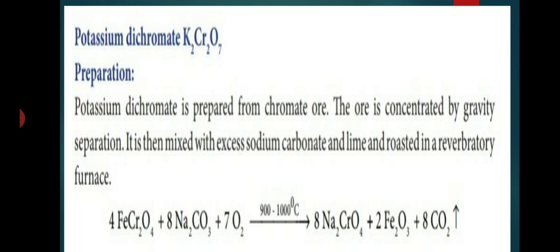For sulfide ore, we have to use the froth flotation method. Here chromite is an oxide ore, so we use the gravity separation process to concentrate it. Then it is mixed with excess sodium carbonate and lime and roasted in a reverberatory furnace.